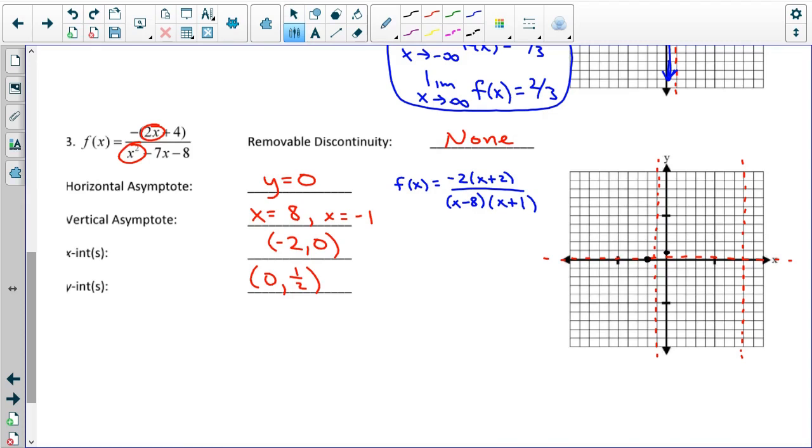If I look at this function, I have to figure out what is happening here. If I substitute in large values of x, something like x equals positive infinity, the numerator would be -2 times a big positive number, so that's a negative numerator.